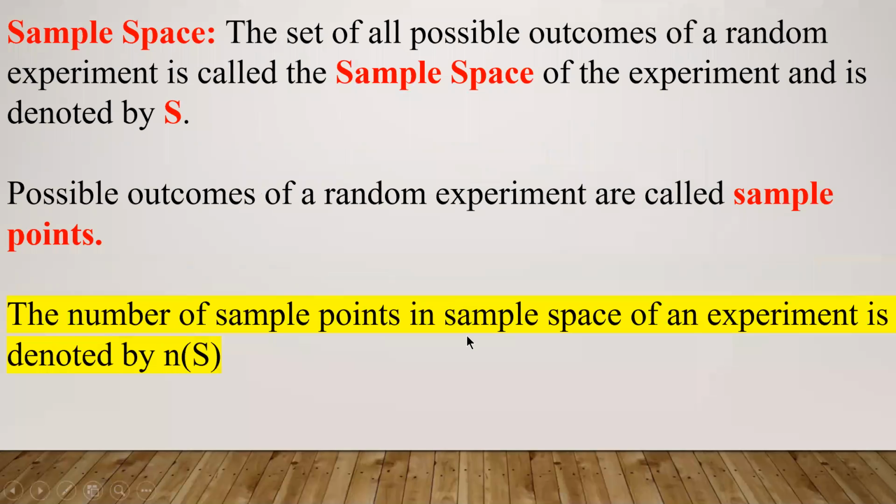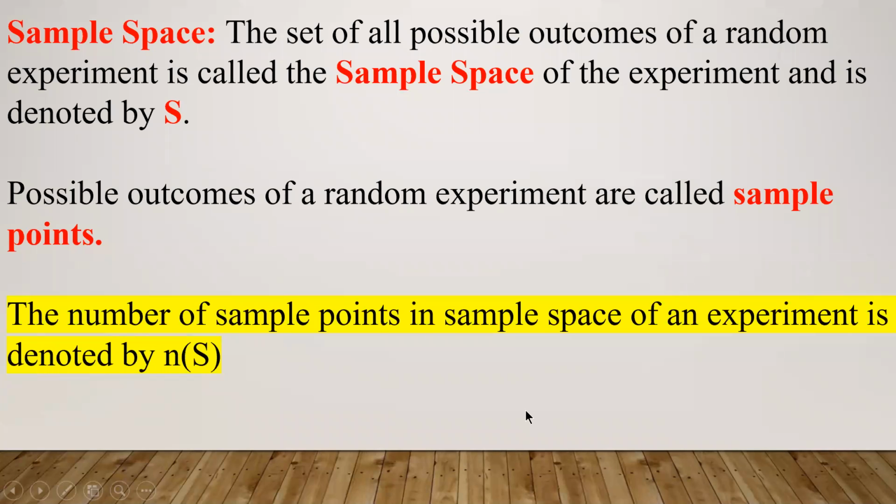So before I actually begin, let me revise quickly. What is sample space? The set of all possible outcomes of a random experiment is called a sample space. You already know that, as the whole last week we have solved problems based on probability, and in each problem you have found out the sample space.